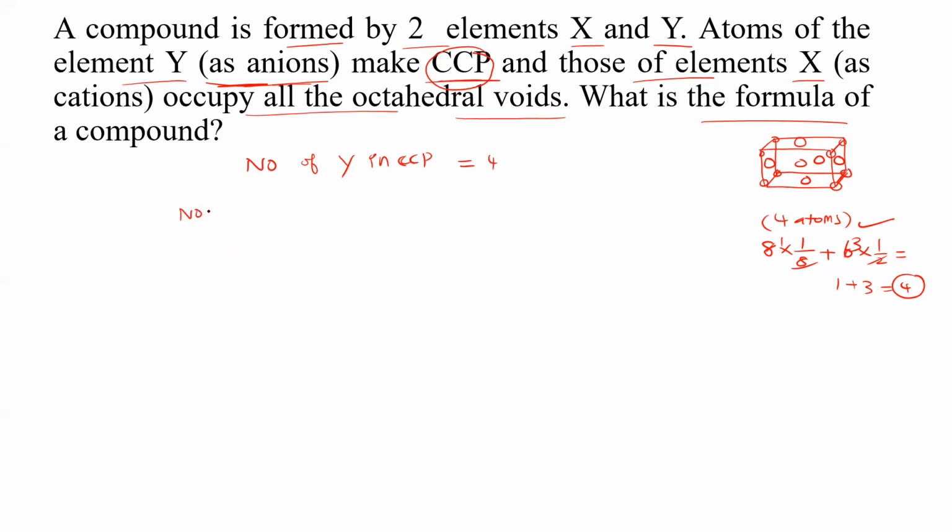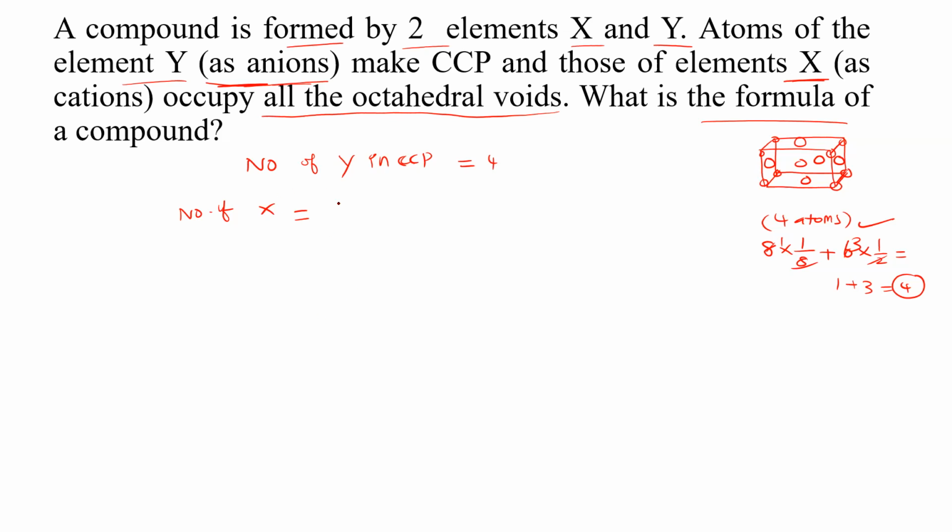Number of X, how can we calculate? Because in the question itself, they gave a clue. What is that? X occupies all the octahedral voids, which means what? If n atoms are taken, n octahedral voids are there. Am I right?